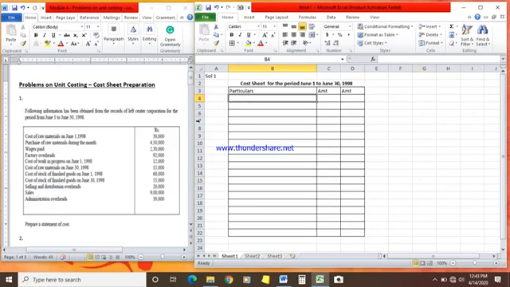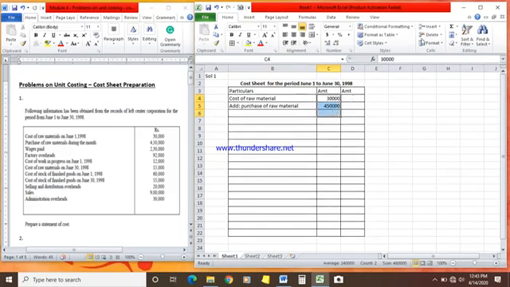The first one, cost of raw material, I'll write here in the inner column: 30,000. For this, add purchase of raw material, 4,50,000.